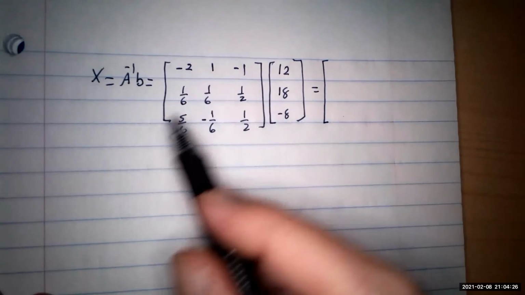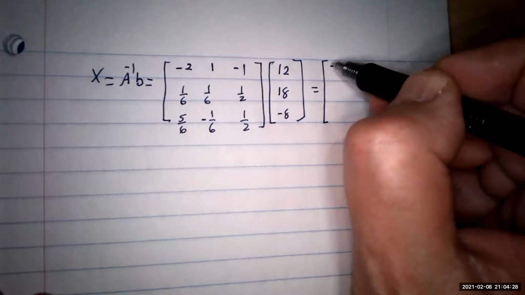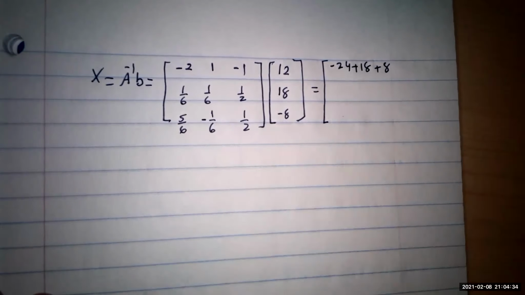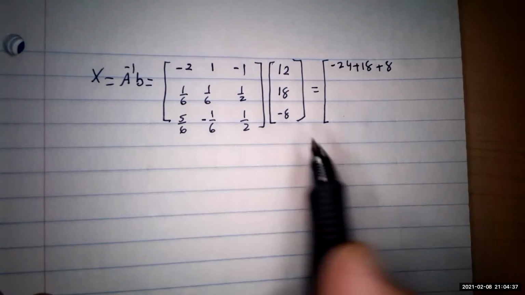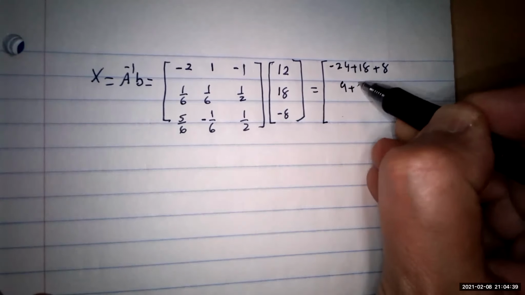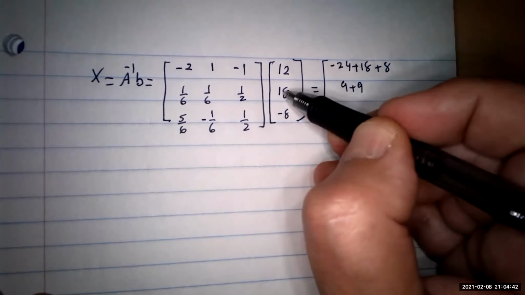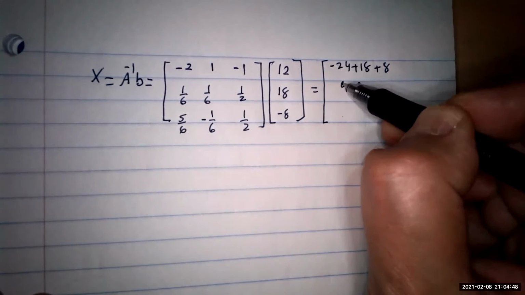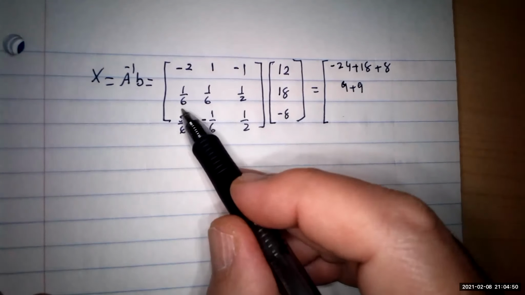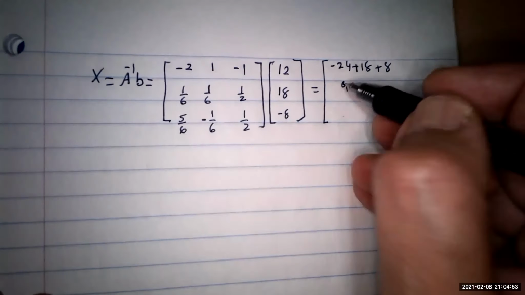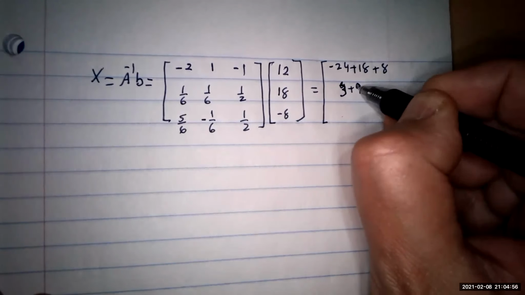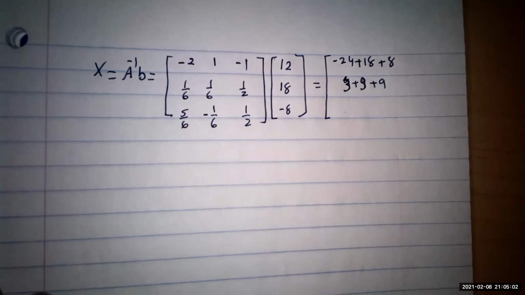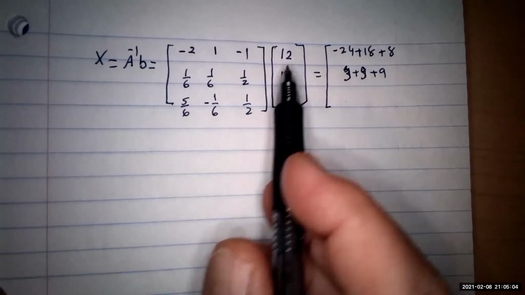It's going to be negative 24 plus 18 plus 8 at the first row, and the second one is 18 times 1/6, which would be 3, because we multiply together. And you multiply this one. It's going to be 12.